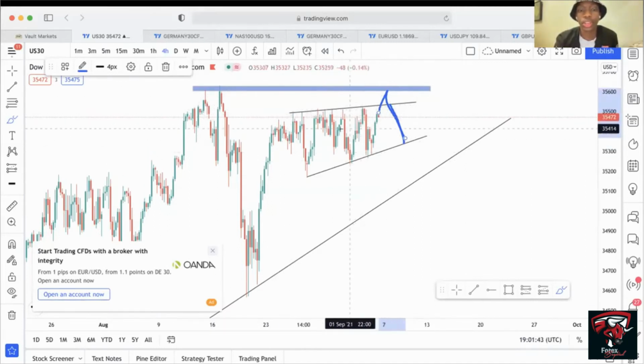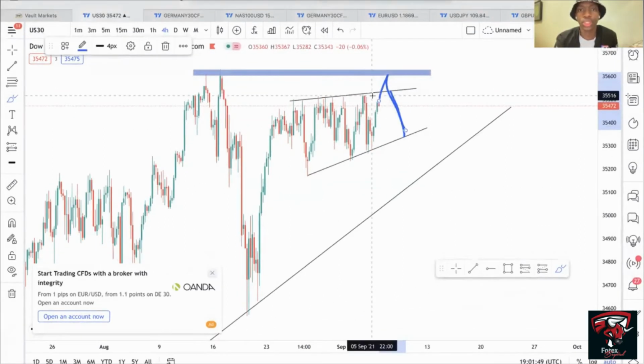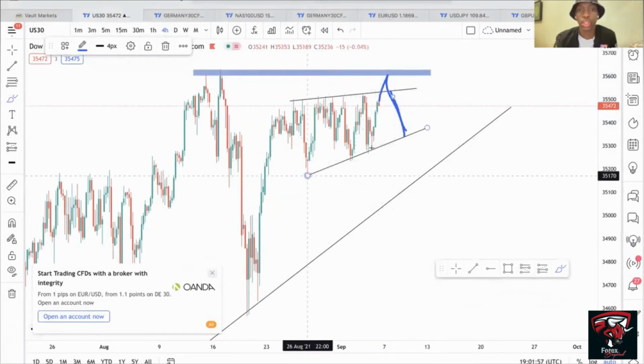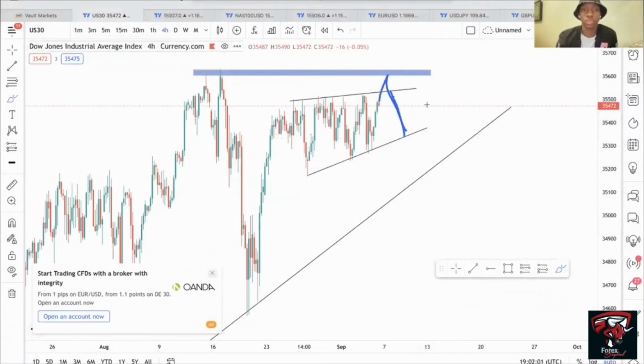I'm waiting to see how the market reacts to this trend line. If it's respected, then I am anticipating sells all the way down to our trend line over here, and then buys again. Obviously things will be clearer when the market actually moves and plays out.